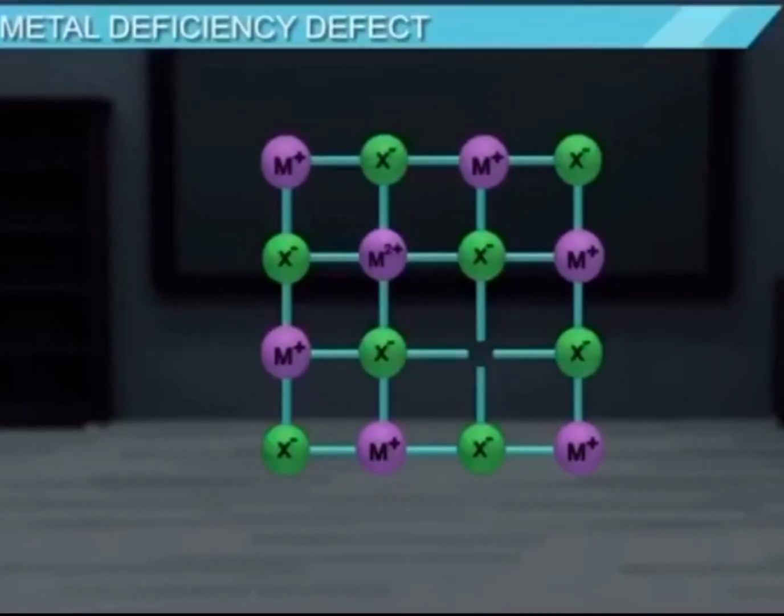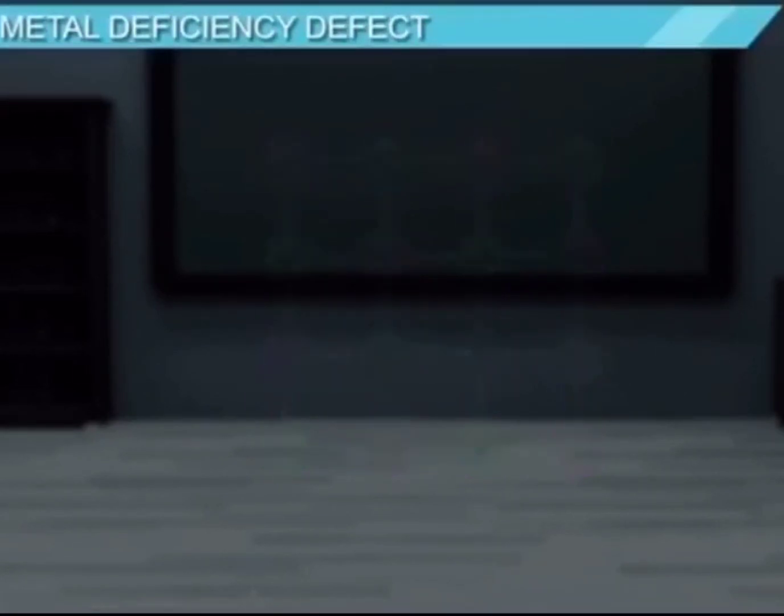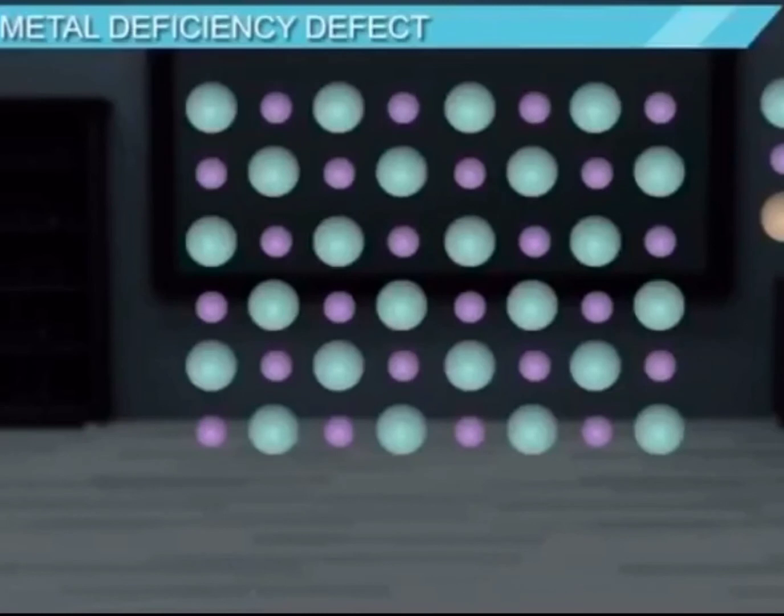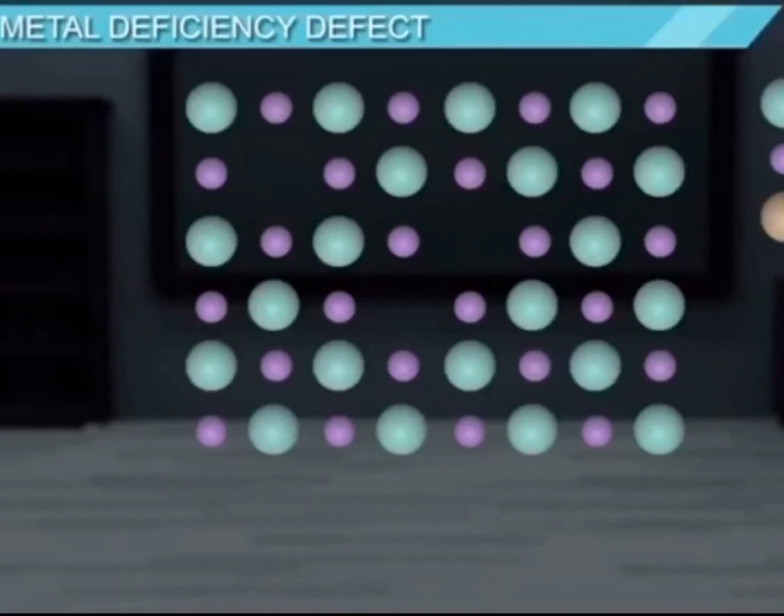For example, in FeO crystal, the amount of Fe ranges from 0.93 to 0.96%. In the crystal of FeO, some ferrous cations are missing, and the loss of positive charge is made up by the presence of the required number of ferric ions.